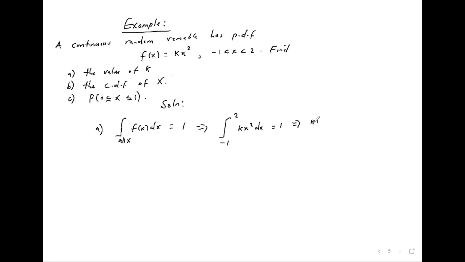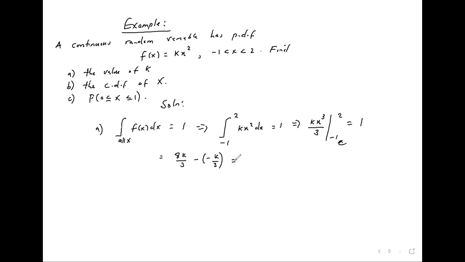This will be kx³/3 from -1 to 2. That is, we substitute 2 and get 8k/3, minus, we substitute -1 to the power 3, and you get negative k/3.